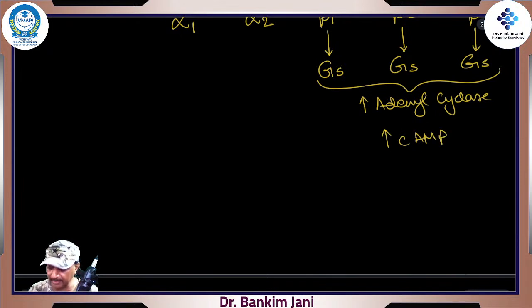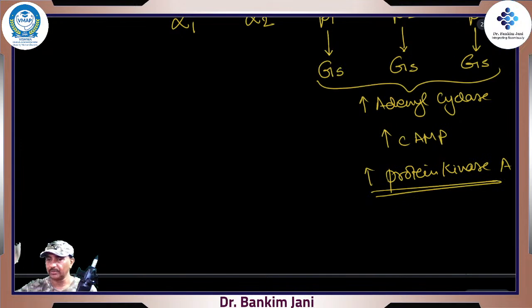When the cyclic AMP is increased, yes, there would be an increase even in the protein kinase A. And when the protein kinase A is increased, obviously it will affect genes, it will affect our ion channels, and it will affect enzymes, right? So all of them will rise, right?